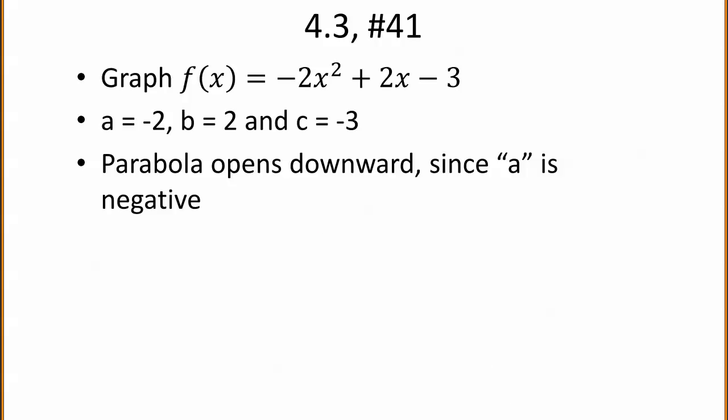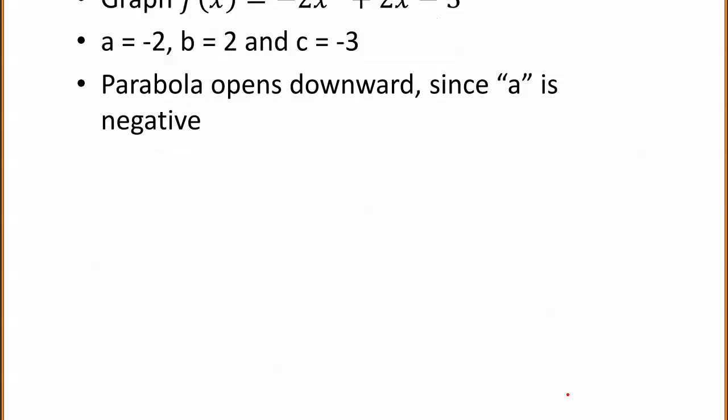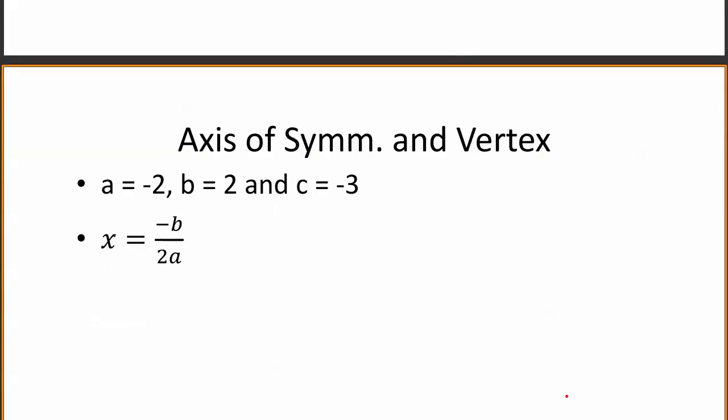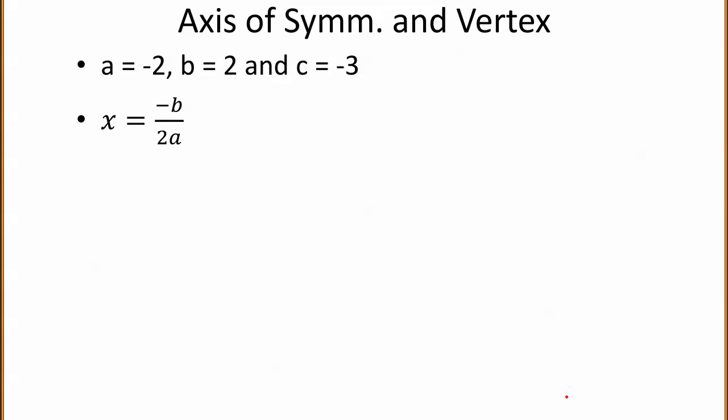Okay, so let's take a look at some of the calculations. All right, finding the axis of symmetry and the vertex. To find the axis of symmetry, we're going to plug into this formula using our a, b, and c from the function. So we'll say that x equals negative, that's already in the formula, and then 2 all over 2 times negative 2.